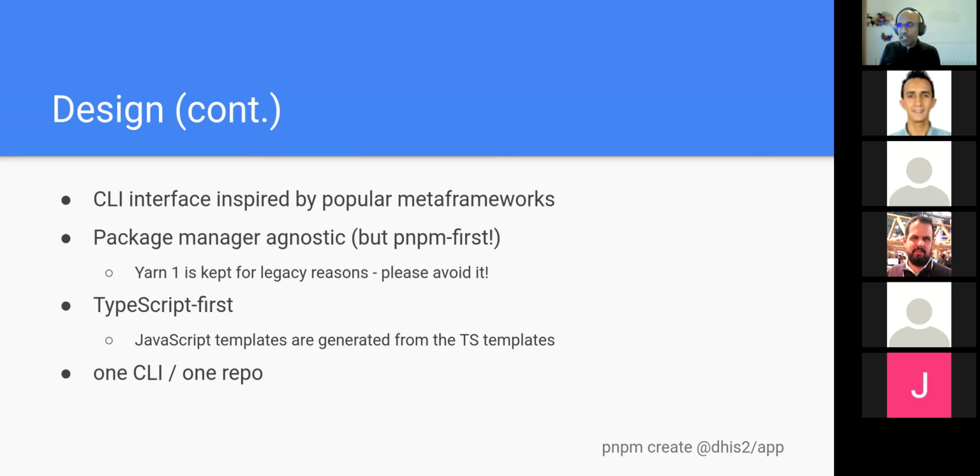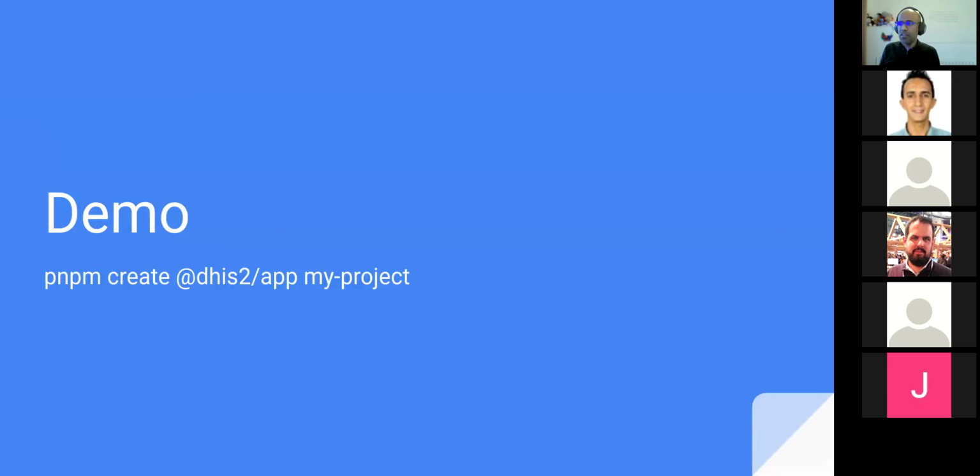For us internally, it's also easier to maintain having everything under this one repo, one CLI, because with D2 it was very composable, but it did a lot of things, and it wasn't easy to keep track of it sometimes.